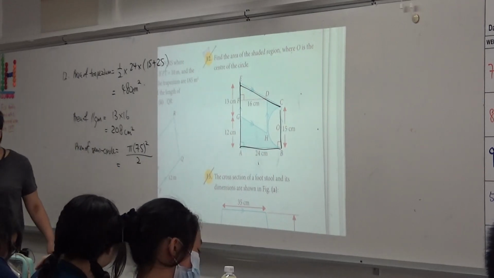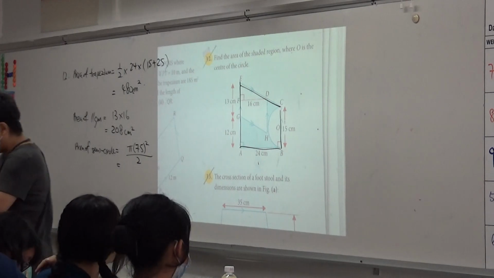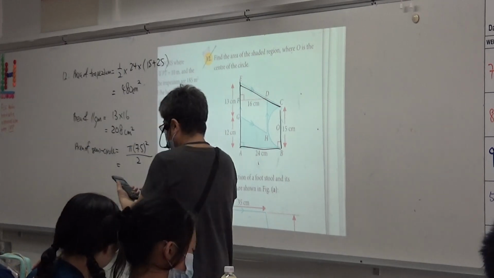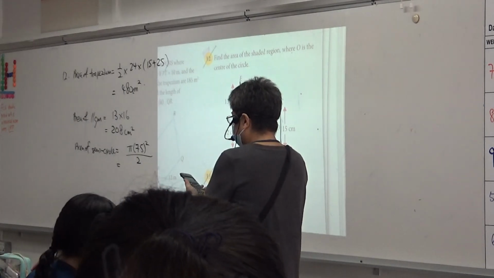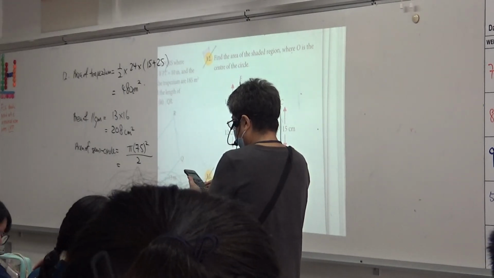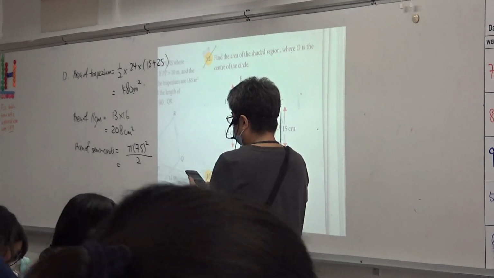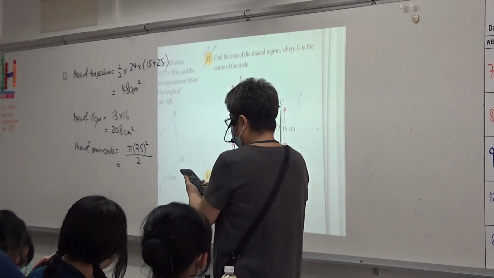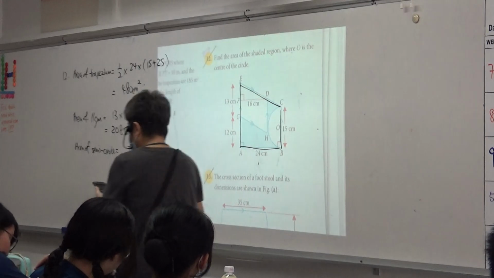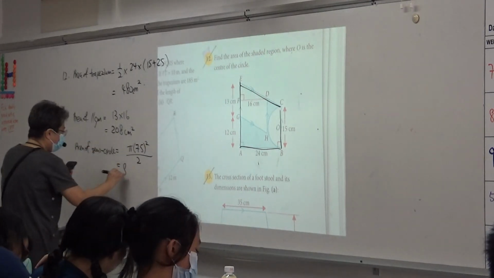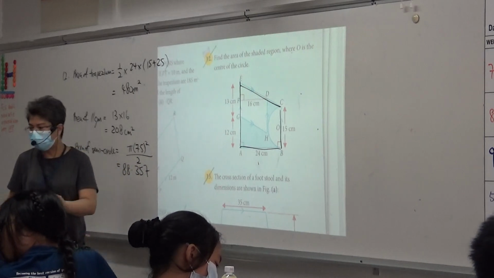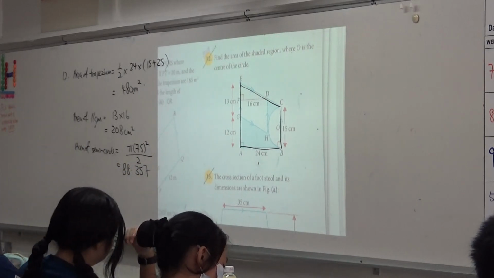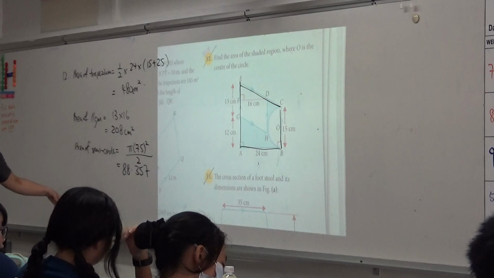Alright? So, let me borrow a calculator. I will tell you how to do it. Pi times 7.5 square divide by 2. This will give me 88.357. 5-figure truncate. Can you see it? 5-figure truncate. Okay?